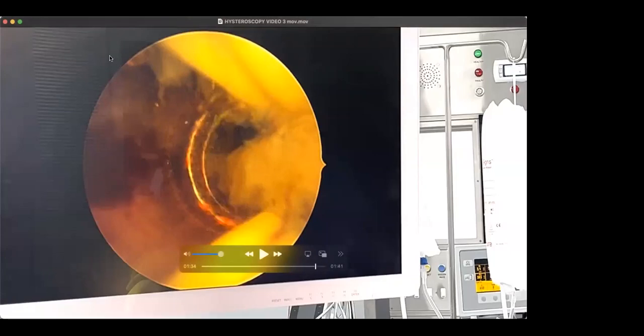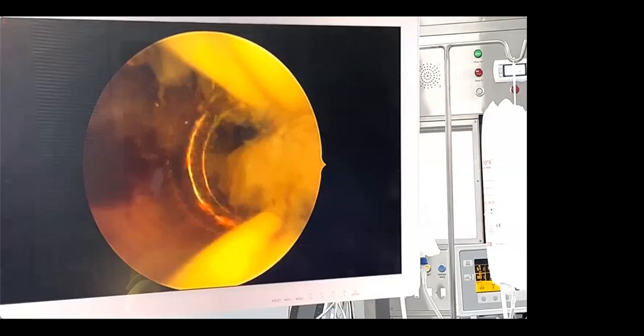So in my presentation, I talked about having a closed system and an open system. In a closed system, all the fluid that you use is taken back to the pump and it's measured. In an open system, the fluid collects into a bag and is then measured. And I actually did say that in our case, the fluid tends to leak, so we cannot accurately estimate how much fluid we have used.